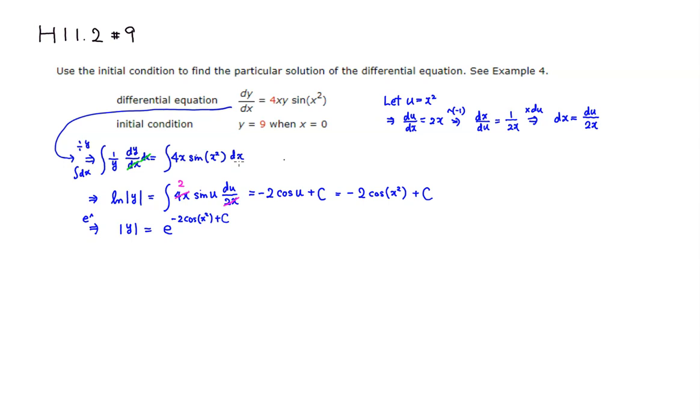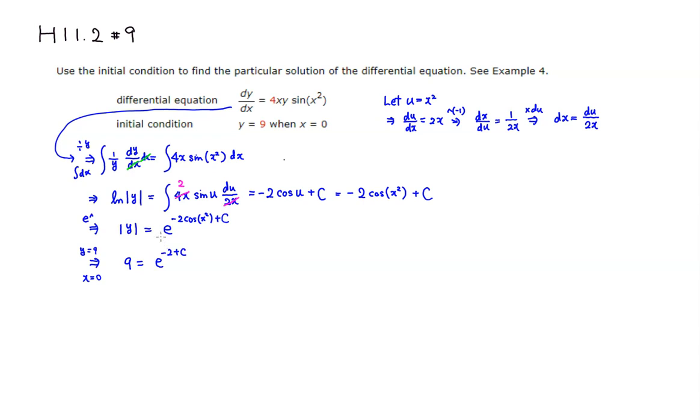We can find the C value using the initial condition. Plugging in y equals 9 and x equals 0, the absolute value of 9 is 9. And x is 0, so cosine of 0 is 1, so you have e to the negative 2 plus c.